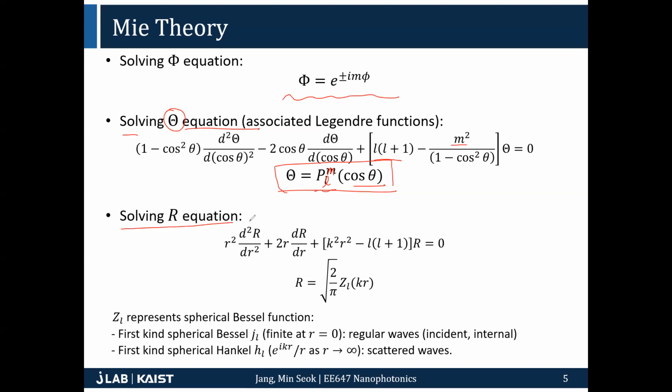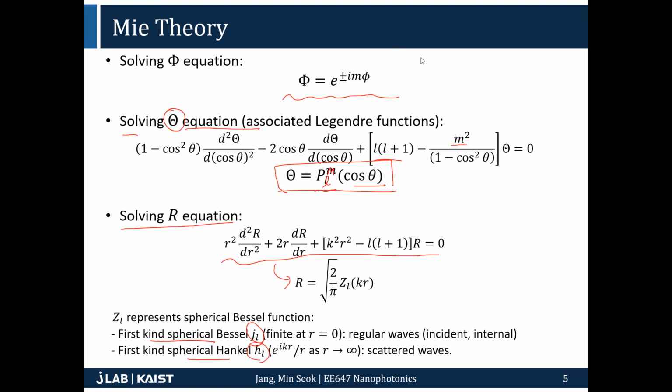And then solving for R, if you look at this equation, this is the spherical Bessel equation. So the solution is the spherical Bessel function. The spherical Bessel function can be divided into two classes. One is the spherical J function, and the other is called the spherical Hankel function.